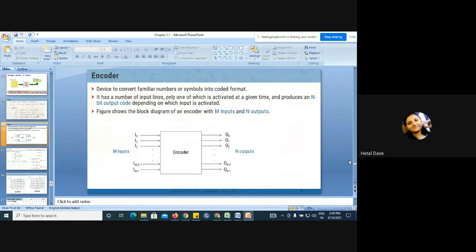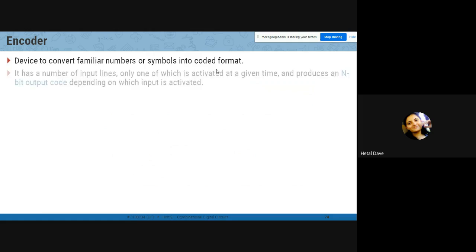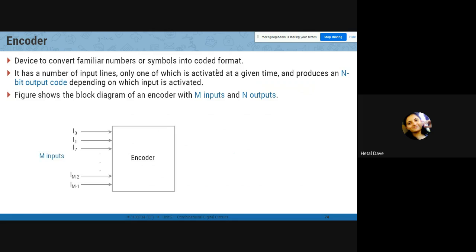In this theory, we need to start with the definition itself. Encoder is a kind of device that will convert a number into coded format. We have seen from the animation 00, 01, 10, 11. So this is the encoder, which has a number of inputs and a number of outputs.